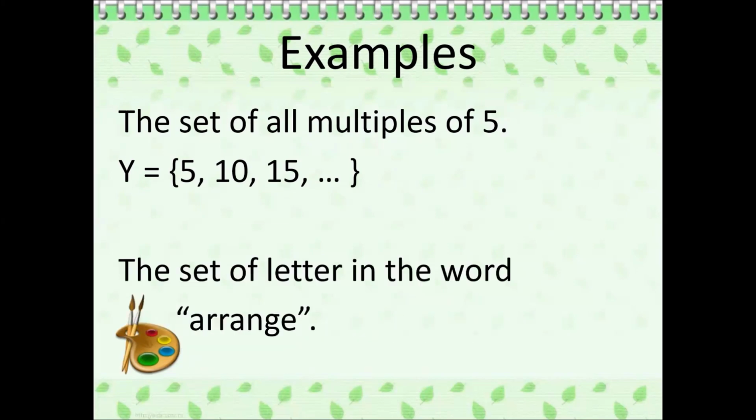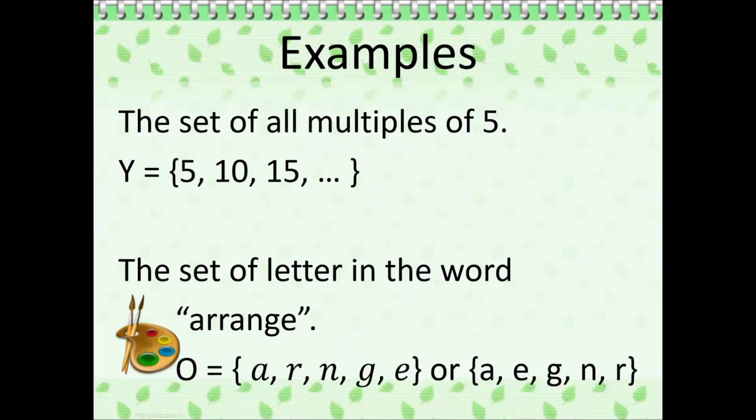Another is the set of letters in the word arrange. The letter to represent it is set O, with elements A, R, R, A, N, G, E, or arranged alphabetically: A, E, G, N, and R. These are some examples of well-defined sets.